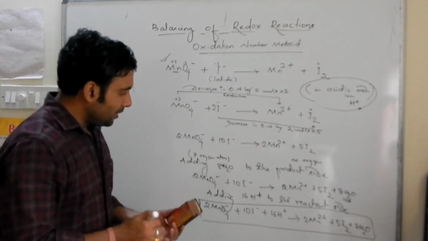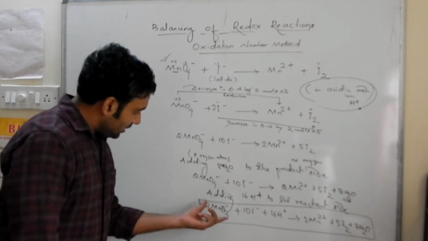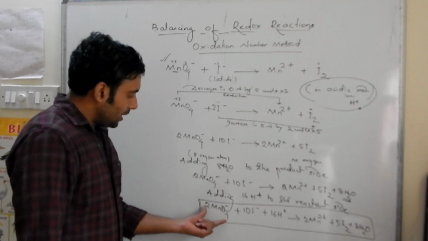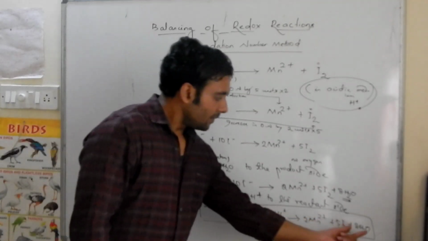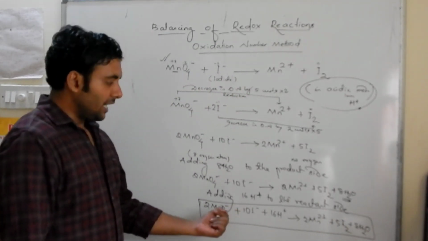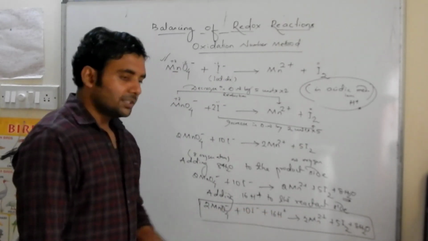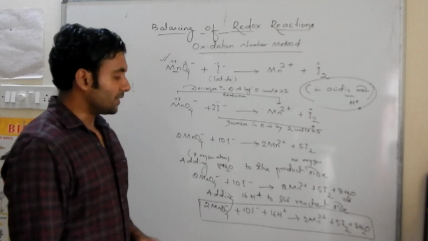If you see carefully, each atom is balanced. There are 2 manganese atoms here, 2 manganese there. 8 oxygen atoms on the reactant side, 8 oxygen on the product side. Then 10 I on the reactant side, 10 I on the product side, 16 H on the reactant side, 16 H on the product side.